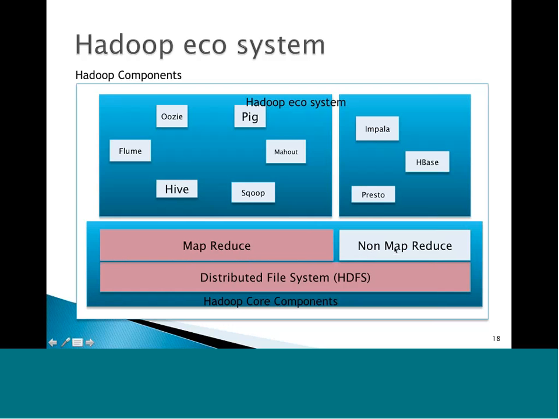There is no one de facto standard for non-MapReduce. It depends upon the tool you choose. You have to set up the framework for non-MapReduce tools depending upon the tool you choose. But for all the MapReduce based solutions, you need to have MapReduce as the foundation to process the data.